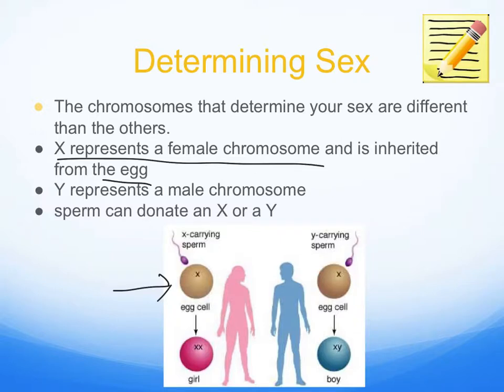And then the Y represents the male chromosome that comes from the sperm, okay? Sperm from your father can either give you an X chromosome, which means that the child will then be a girl, or the sperm from the father can be a Y chromosome, meaning that the child will be a boy. Okay, it is the Y chromosome that determines whether or not you are male or female.